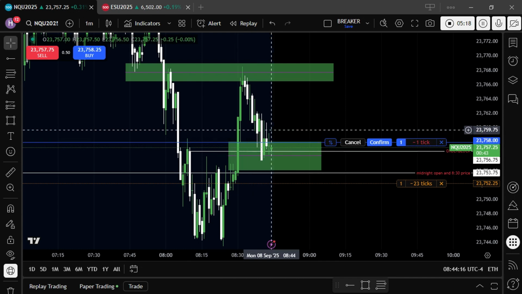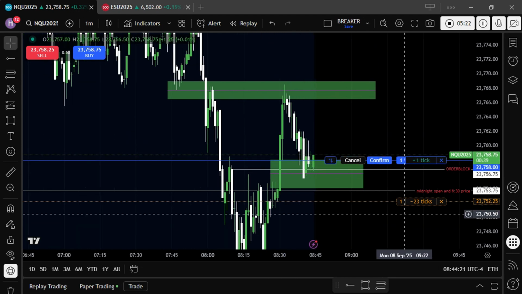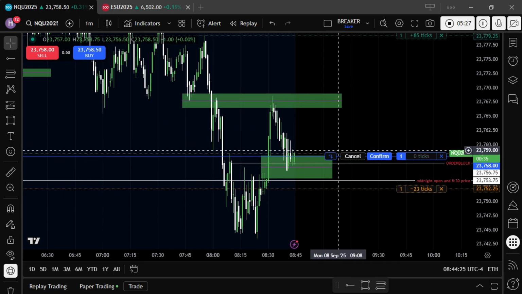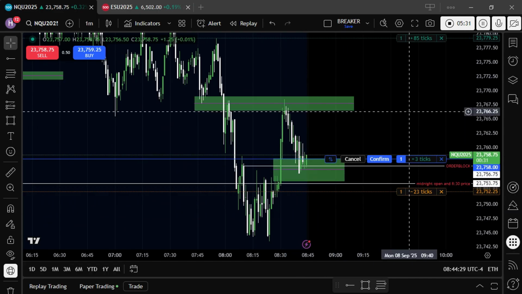But anyways, my entry is at the top. Now, why did I choose that buy side imbalance and sell side inefficiency rather than the one right above it? Because I want to get into price when it's at a discount if I'm seeking higher prices.